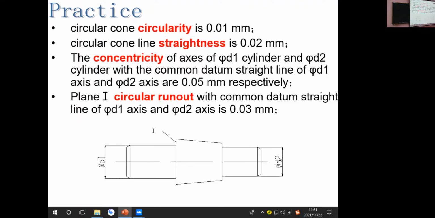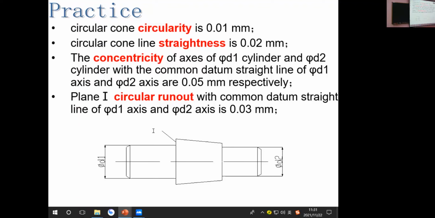So this one, okay, A, B, this is A, this is B. It's straight to the name. This is circular. This circular form is here.